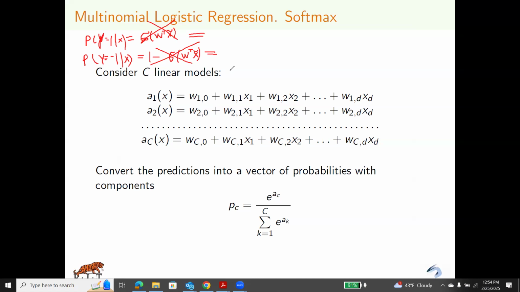And how to convert this into probabilities? To convert this into probabilities, we will use this formula, which is called softmax. So we will assign the probability of class 1 using this formula.